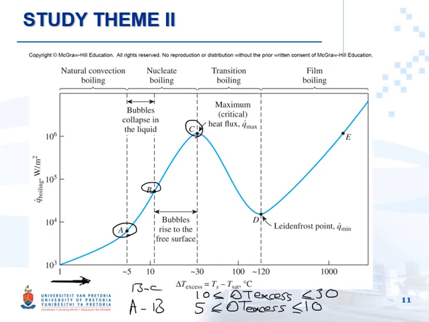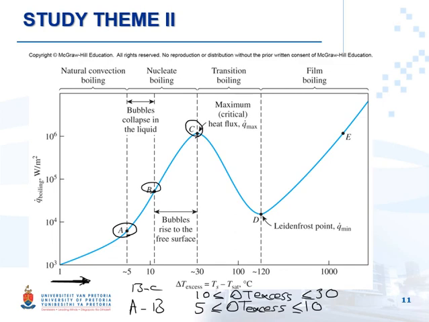This separation induces fluid mixing near the surface, which will result in higher h, the heat transfer coefficient, and consequently higher Q dot boiling. In that region, I mean A to B, most of the heat exchange is through direct transfer from the surface to liquid, not through the vapor bubbles rising from the surface.